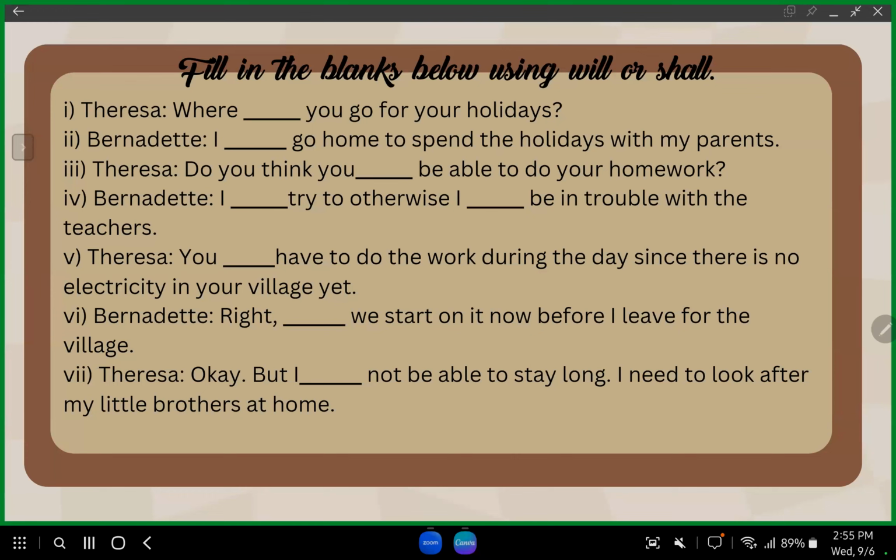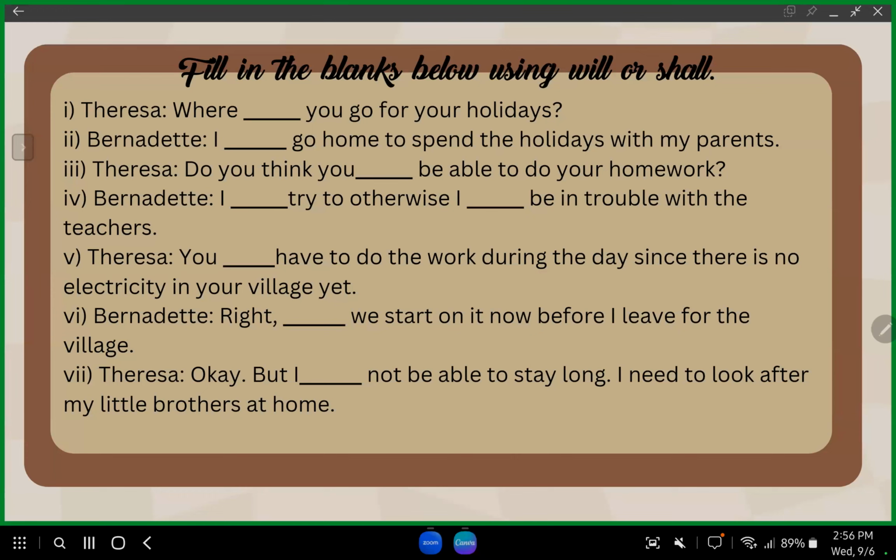Then for number 5, John, you will have to do the work during the day since there is no electricity in your village.